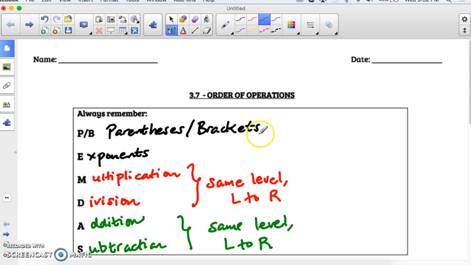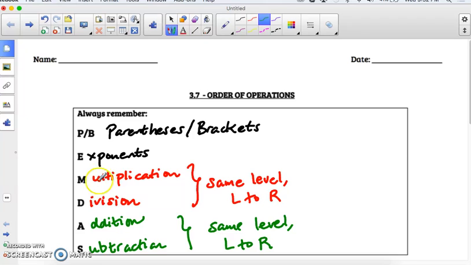So the way you look at the order of operations is the following. Whenever you see parentheses or brackets, you always solve that element of the equation first. If you don't see parentheses and brackets and you see exponents, then you solve that first, or you solve that after you solve the parentheses and brackets. Then when you have multiplication and division, they're considered to be the same level of operation, so you solve those left to right.